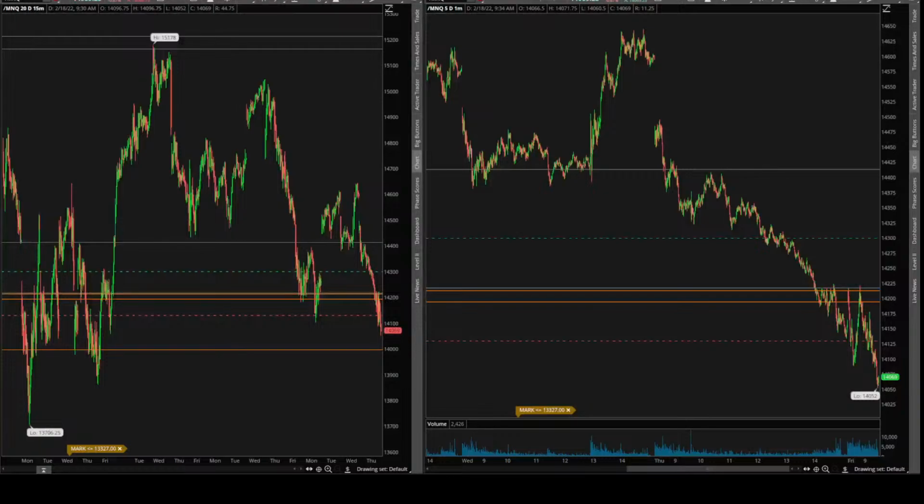Taking a look at NASDAQ. $14,000 even, could be an area of a little bit of support.